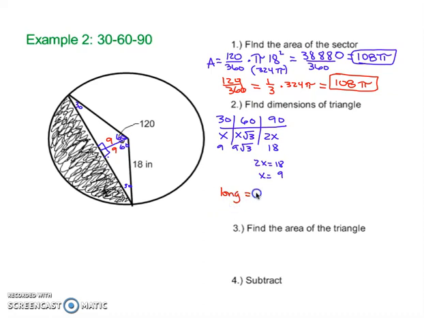Long side would equal 9 square roots of 3, which also equals 15.6. So however you want to write it, but in the decimal form it'd be that. So up here I'm just going to put 9 square roots of 3 would be this side here, and also that side. So we just know the dimensions of our triangle.